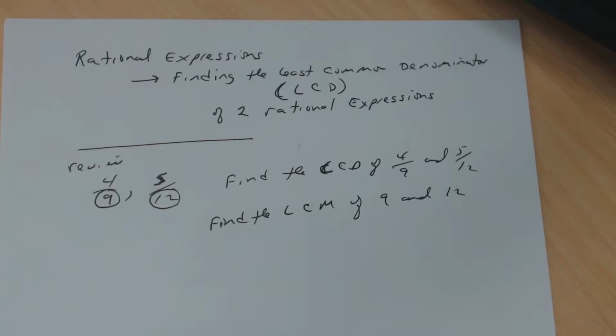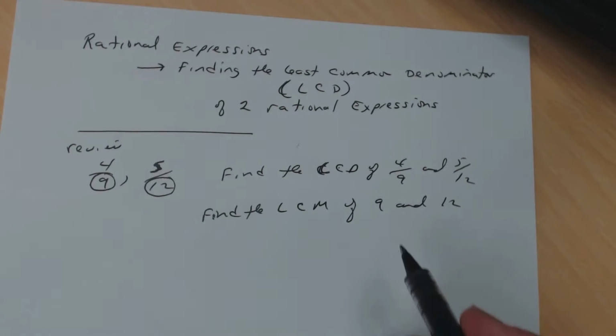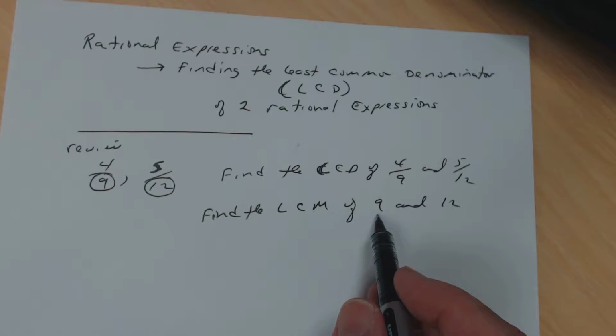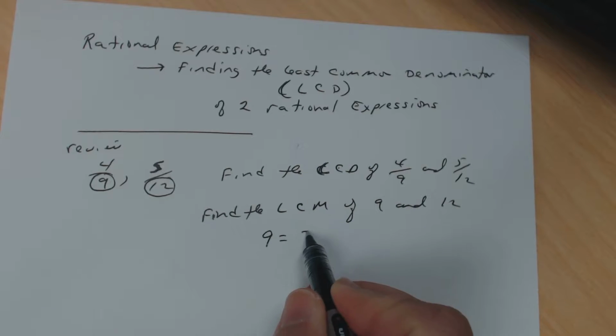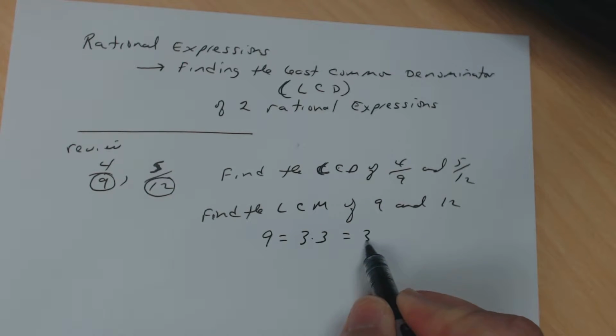Okay, now there are several ways you can do this. If you recall in the previous video, one of the things you can do is find the prime factorization. So 9, remember, is 3 times 3, which is 3 squared.